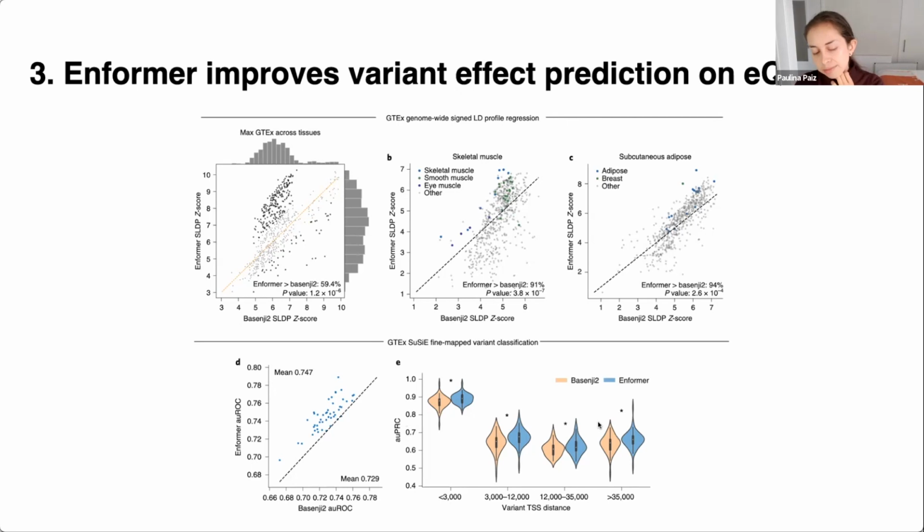And this is where they used random forest classifiers, which I think they didn't have to add to the paper, but if they wanted to do more work, sure. To predict these causal variants, they derived features from Enformer and from Basenji 2, and they found that the features from Enformer were more predictive than the ones from Basenji 2.